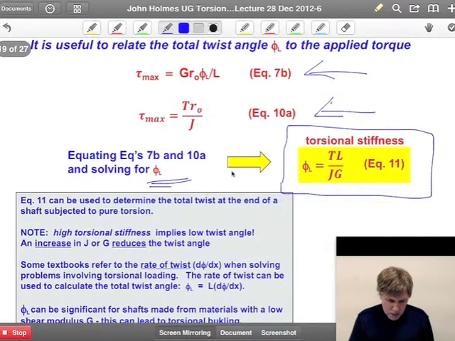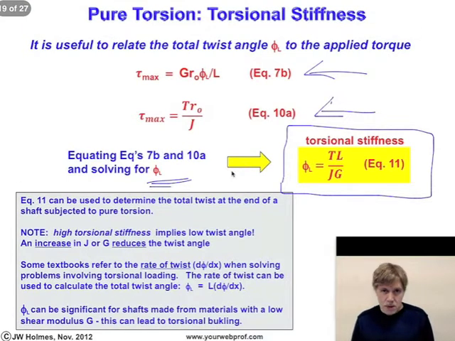Now, just to note, some textbooks, and Timoshenko is one of the very popular textbooks, in Timoshenko's book he refers to the rate of twist, which is d phi dx, when solving, for example, homework problems. This rate of twist can be used to calculate the total twist angle at the end of a shaft, simply by multiplying by the length.